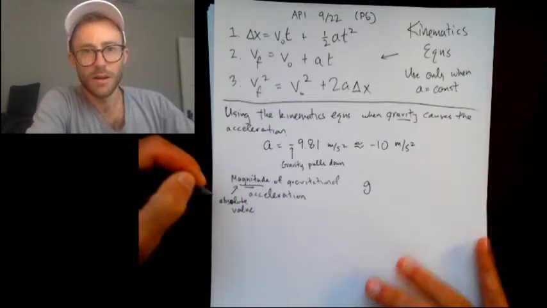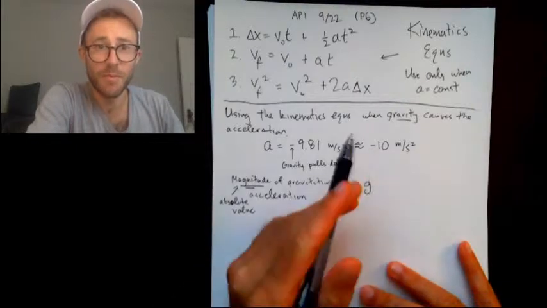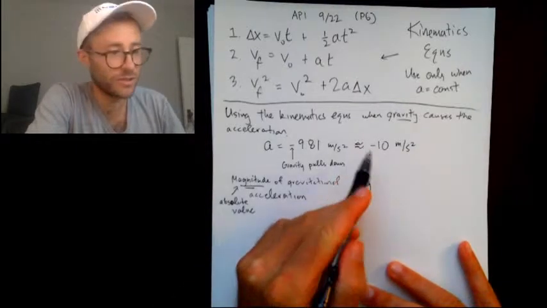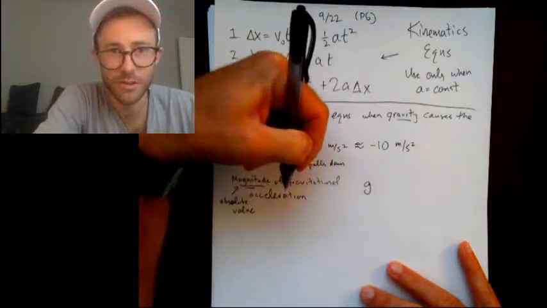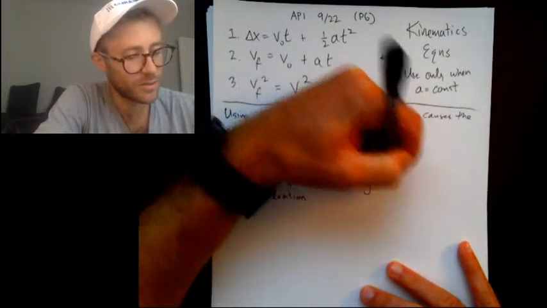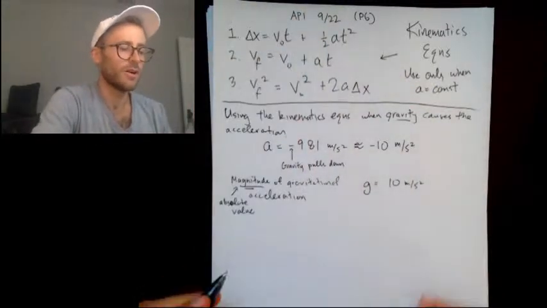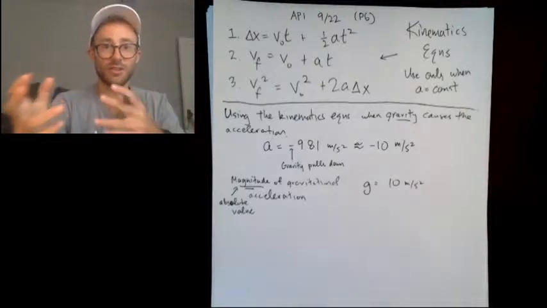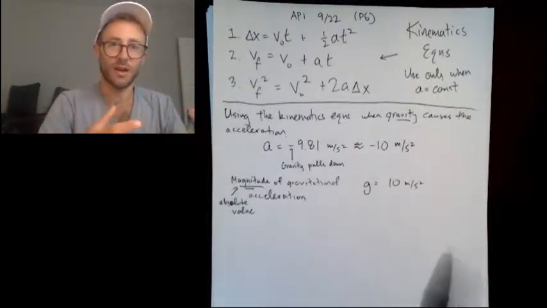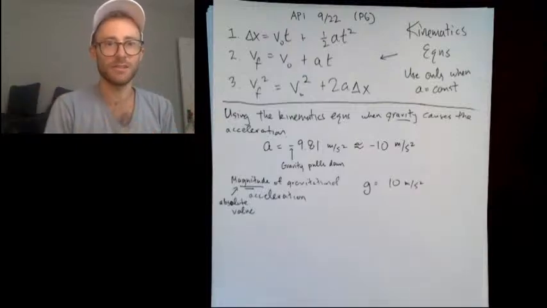So I'm not going to say that the magnitude of the gravitational acceleration is negative 10 meters per second squared. I'm going to say that the magnitude of the gravitational acceleration is 10 meters per second squared. Sometimes in physics the sign is really important, and sometimes it's not. If we're just comparing the sizes of things, we compare the magnitudes.